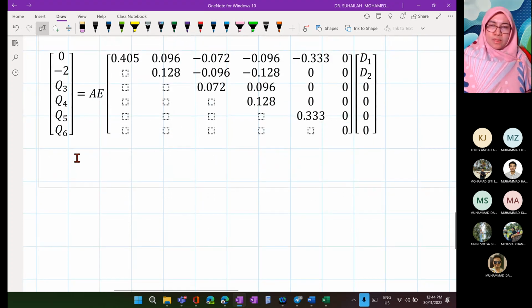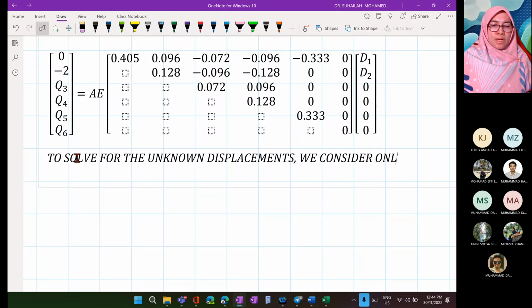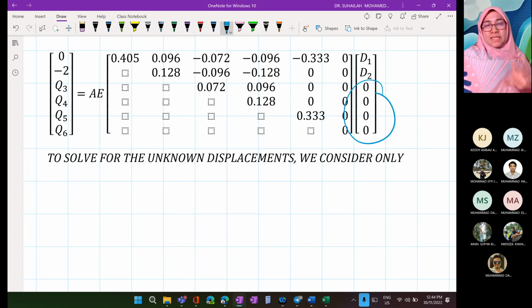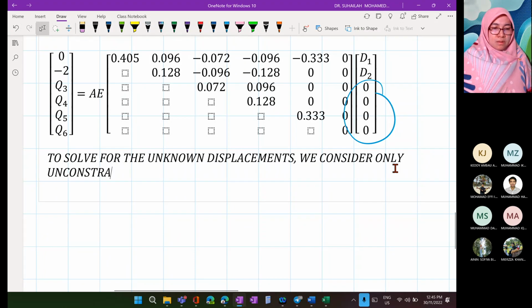To solve for the unknown displacement, because of the zero displacement at support, we consider only the unconstrained degree of freedom system.